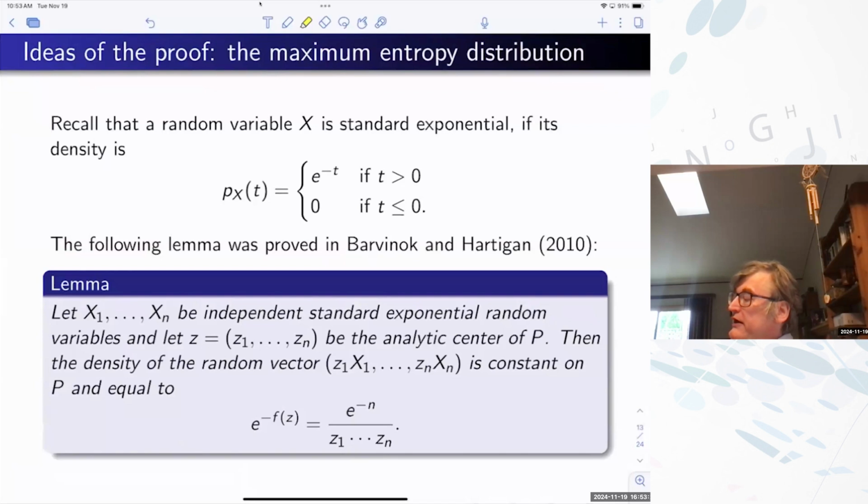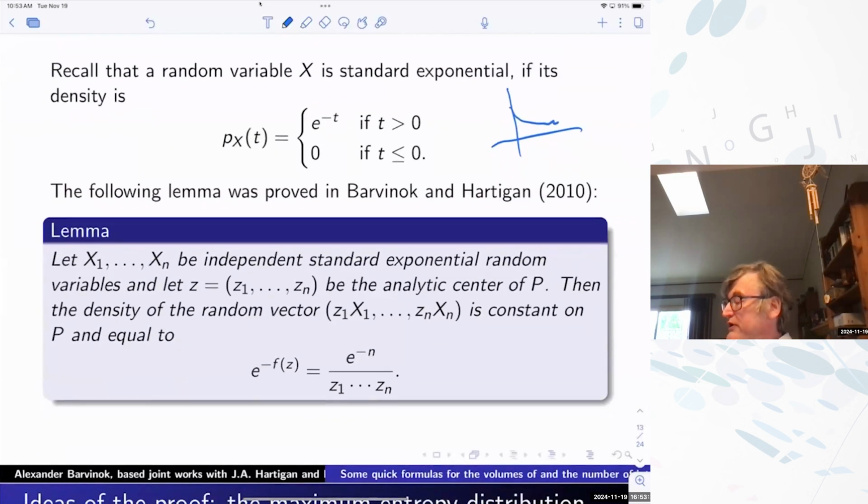So we need probability. We all know what a standard exponential distribution is, right? So that's this density function. And then there is a simple theorem, which, formally speaking, John Hartigan and I proved, but it's just a Lagrange multiplier computation.